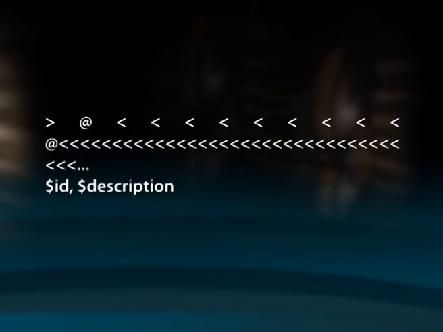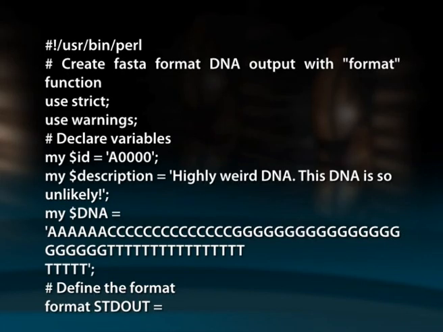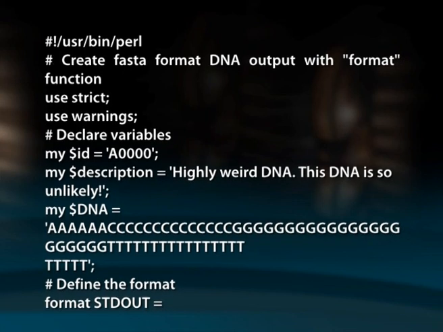The first picture line and argument line combo is for the header information. The picture line has two picture fields in it associated with the variables $ID and $description respectively. The picture line begins with a greater than sign, which is just text that begins each FASTA file header line by definition.